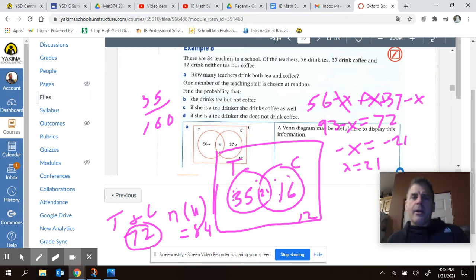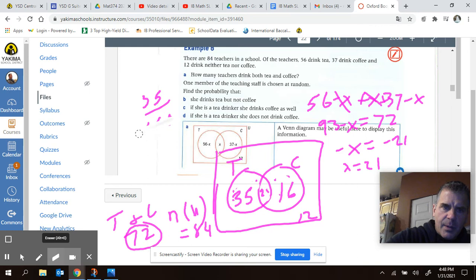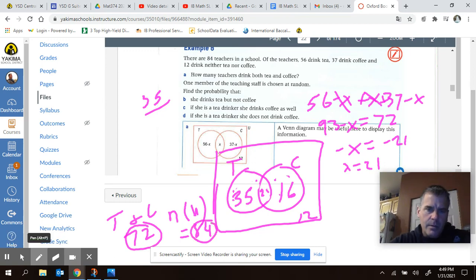Oh, sorry, out of the 84. Because we're talking about just those folks, not 100. I think I said that before. We're talking about just the folks that there's the total number of 84. See, our universal is 84.